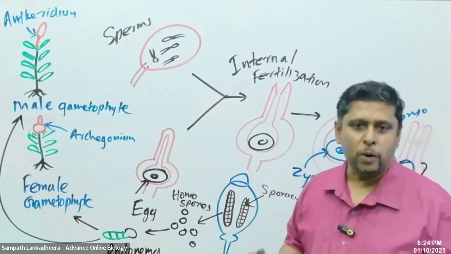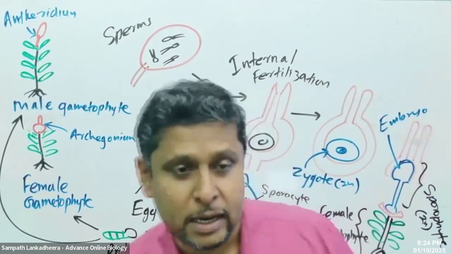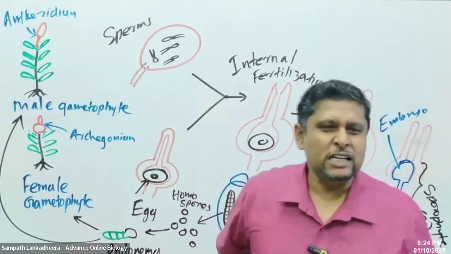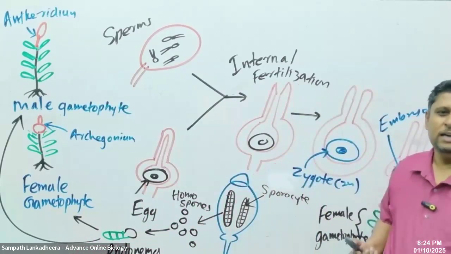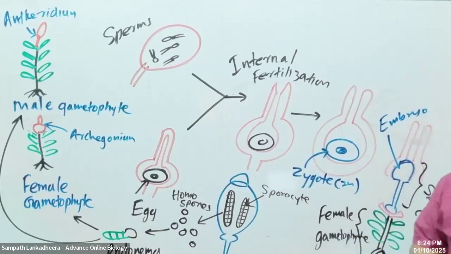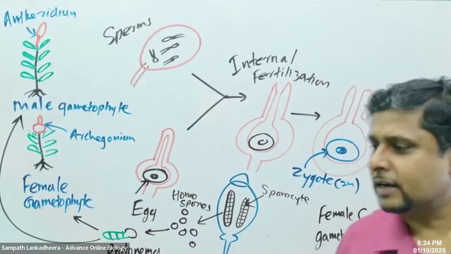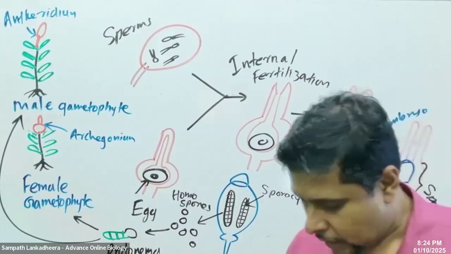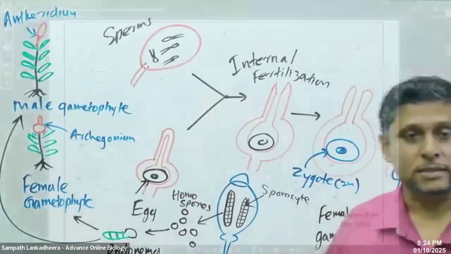That's the life cycle of Pogonatum. It's not very complex. It's a very simple life cycle.